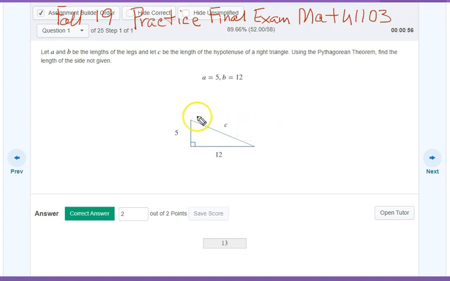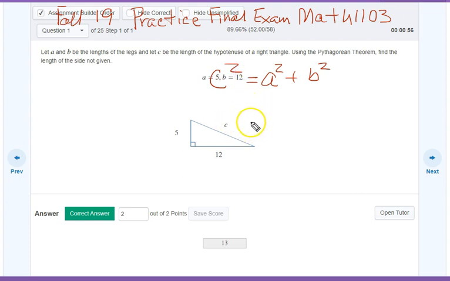So we know side a is 5, side b is 12, and we want to find the hypotenuse, which is side c. So for this, we're going to use a squared plus b squared equals c squared.